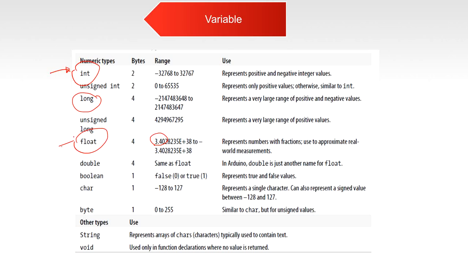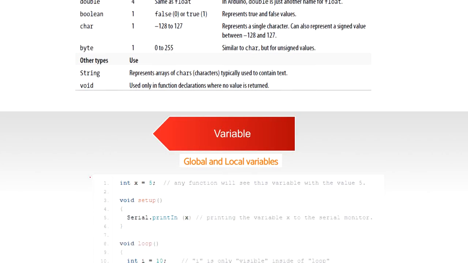Second is the floating point, if involved in a division operation, and then boolean. Boolean gives a status, whether it is true or false depending on the condition. And then the other ones are either the character or the string. So these are the common variables that we will use in Arduino programming.